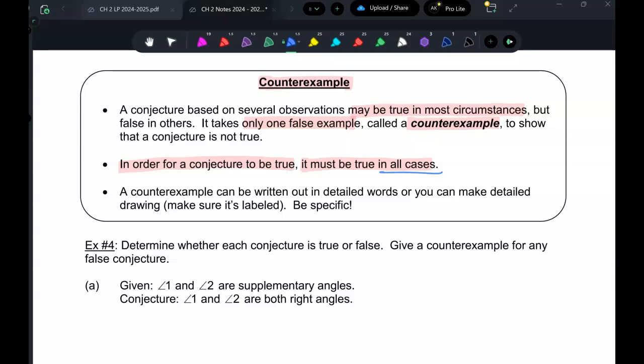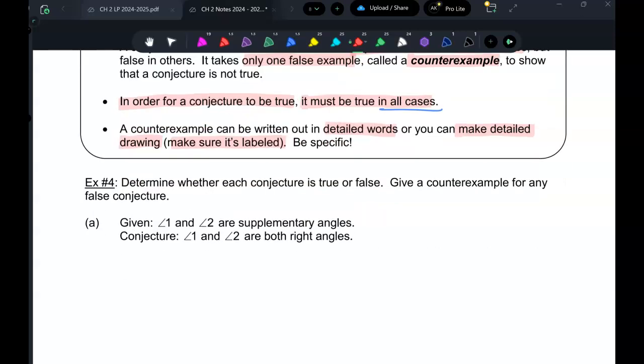That's important. Now, when we do a counterexample, we can use detailed words or we can make a detailed drawing. Always make sure it's labeled because we want to be very specific. It's an example.